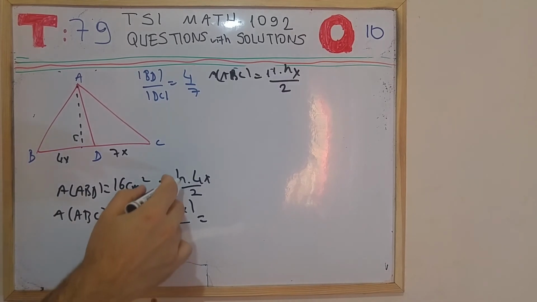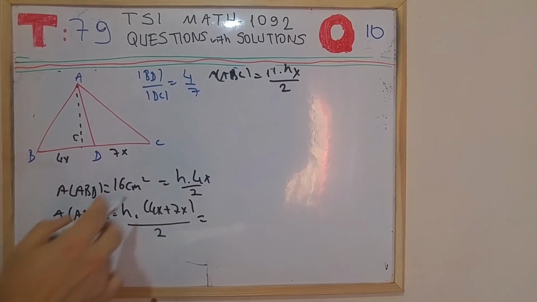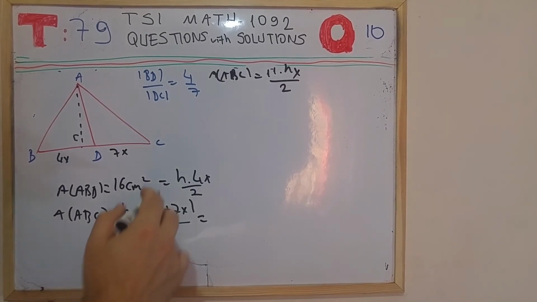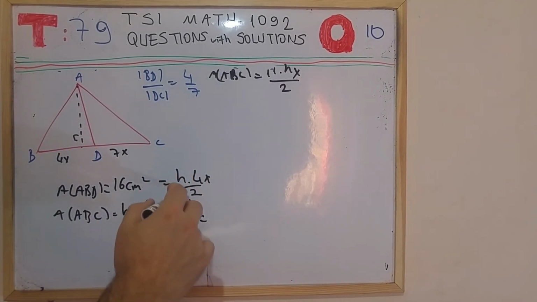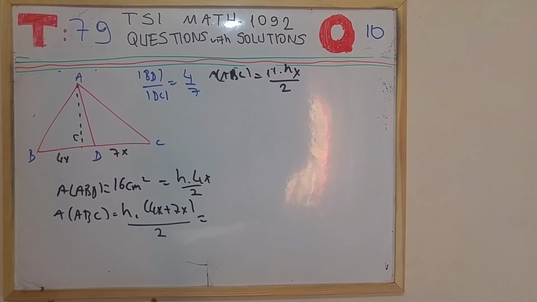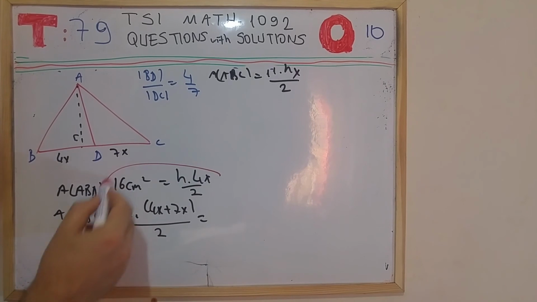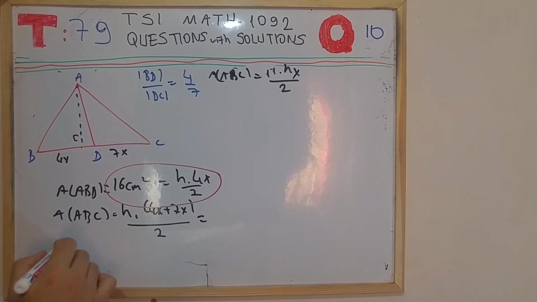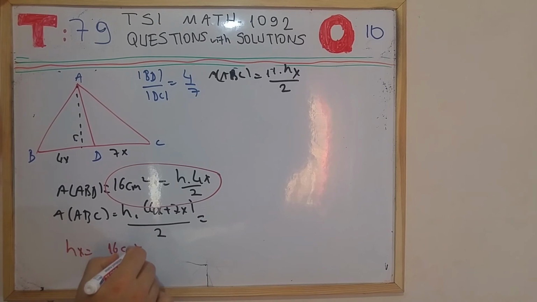I know that 4hx over 2 is equal to 16 centimeters square. Let me solve this one first to find out what hx is. When I do that, hx is equal to 16 centimeters square times 2 over 4, which is 8.